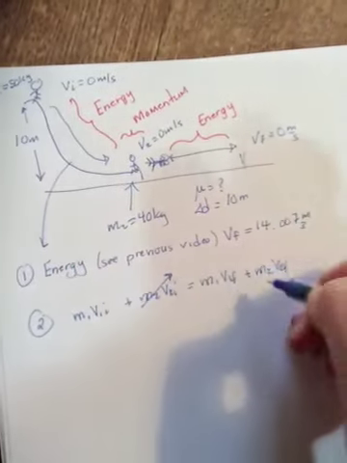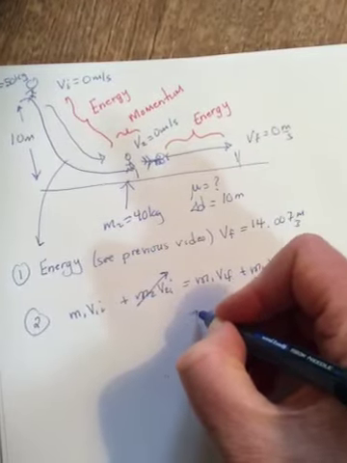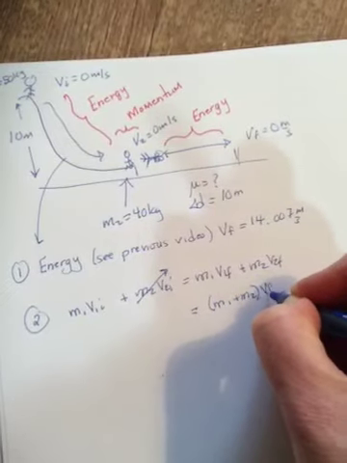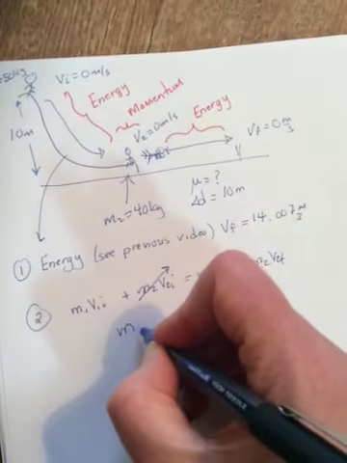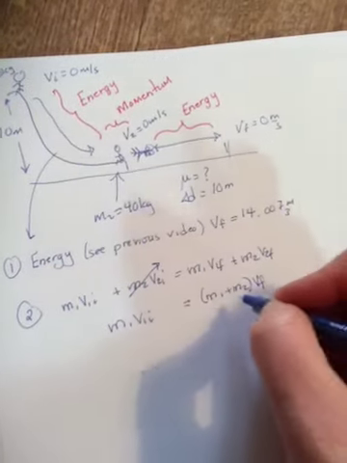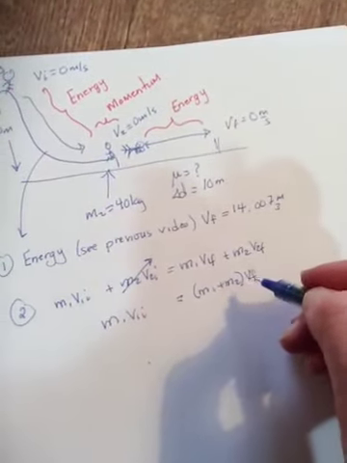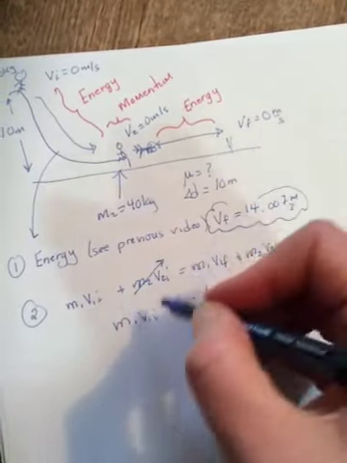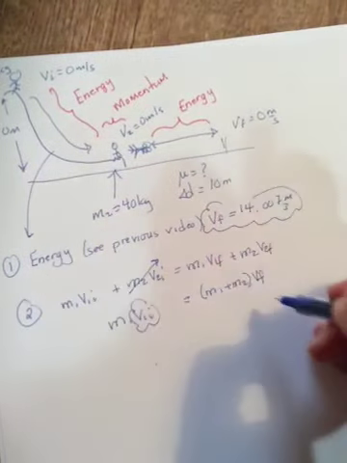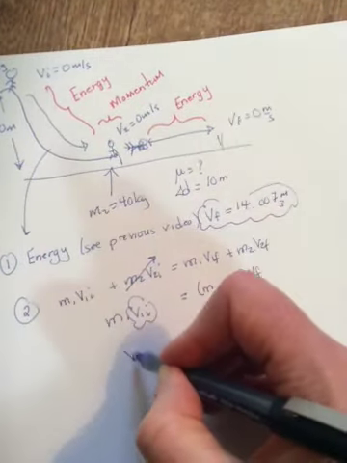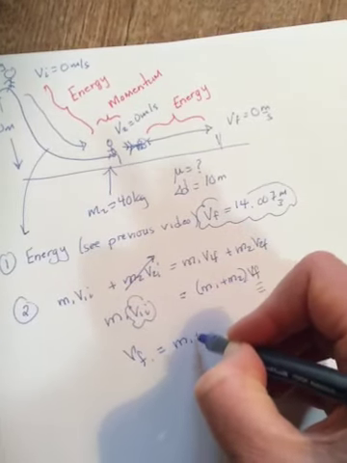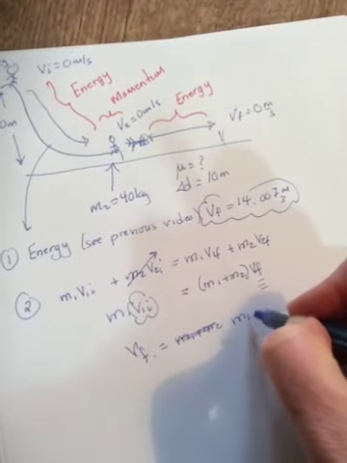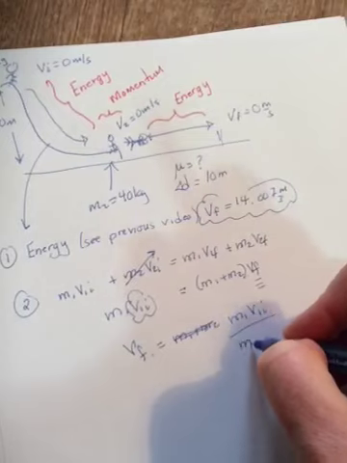Buddy number two is not moving initially, and finally they're combined, so you can write this as m1 plus m2 times v final. So m1 v1 initial equals m1 plus m2 times v final. The v final from the first part becomes this dude's v initial, and we're looking for the new v final, which will be m1 v1 initial divided by m1 plus m2.